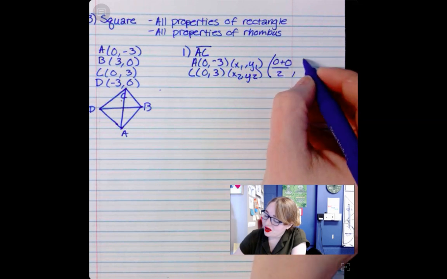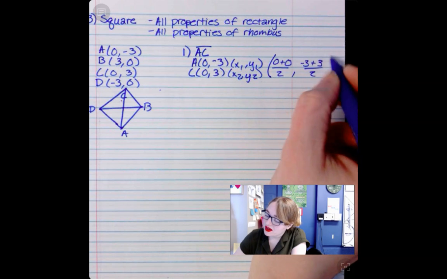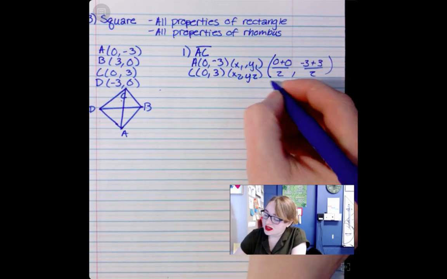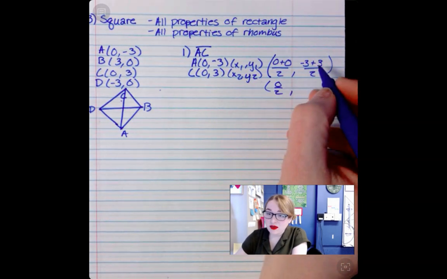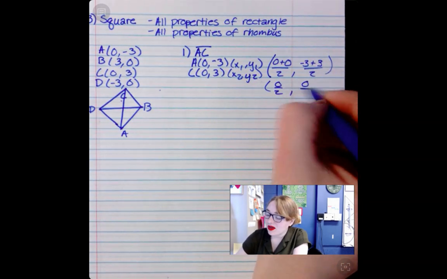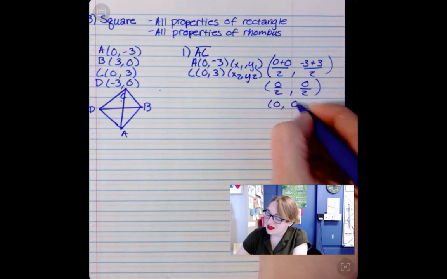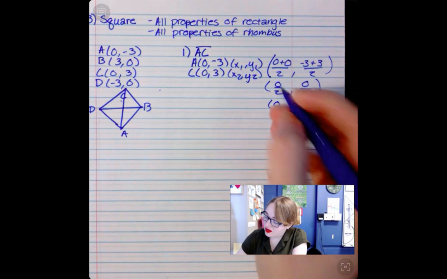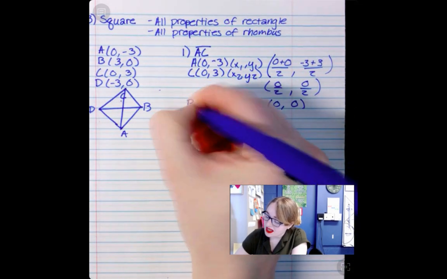And then our y1, which is -3, plus y2, which is +3, divided by 2. 0 plus 0 is just going to give us 0 divided by 2. And -3 plus 3 is going to give us 0, also divided by 2. When we simplify this, we just have (0, 0).